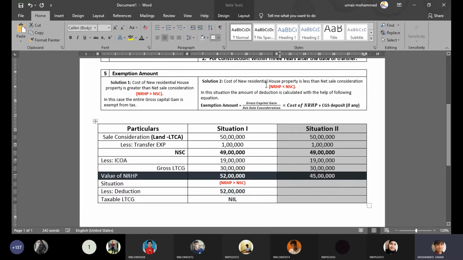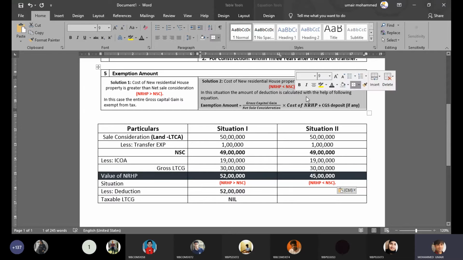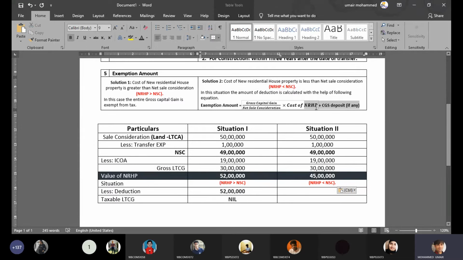So in situation 2, the value of new residential house property is lesser than the net sale consideration. So in this case, what happens? We can't claim full deduction the way we have done in situation 1, but rather claim the deduction by applying this formula. So apply this formula.